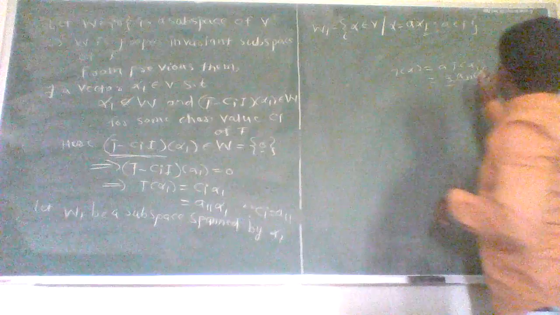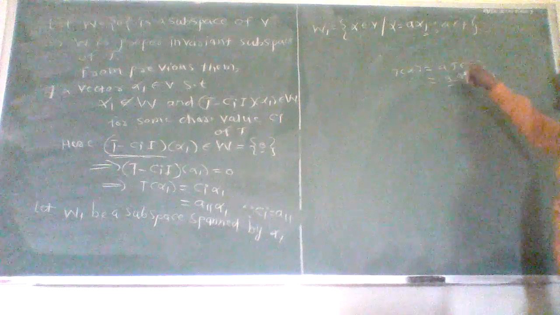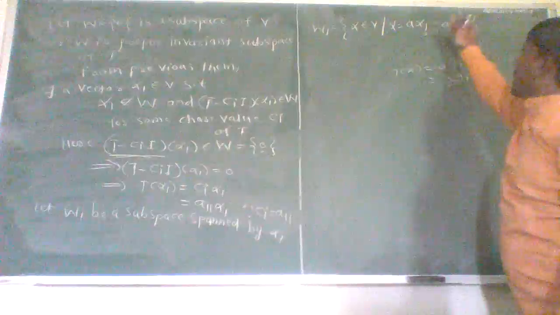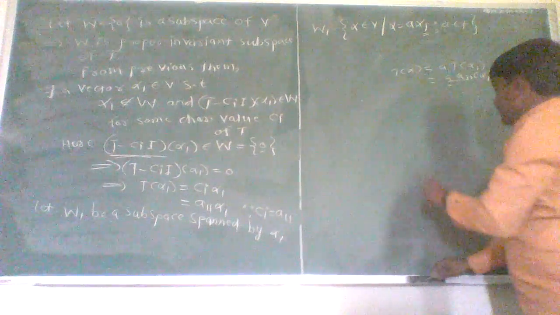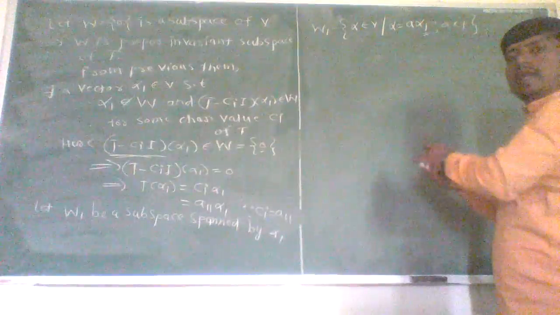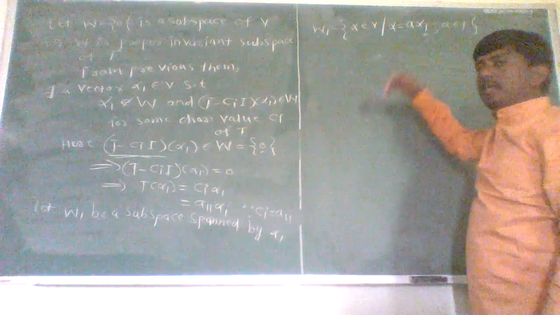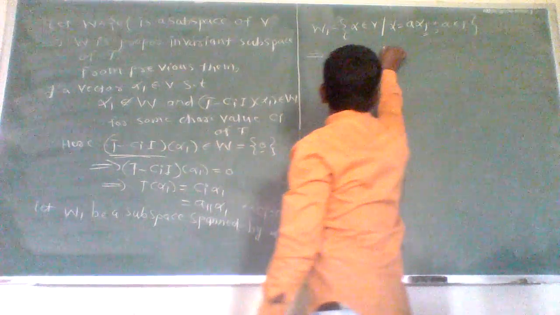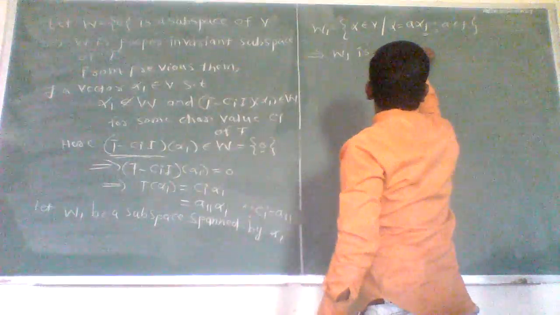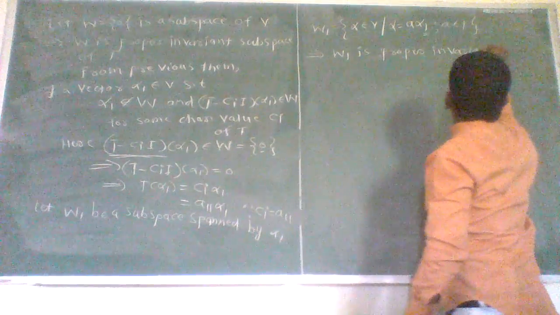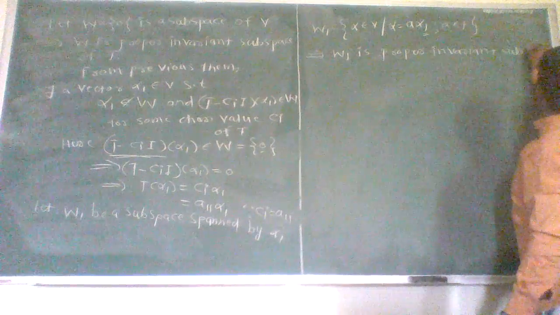But this is a scalar into alpha 1, and W1 is spanned by alpha 1. Therefore this vector again belongs to W1. Therefore, by the definition of an invariant subspace, W1 is an invariant subspace, and already it is a proper subspace, which implies W1 is a proper invariant subspace of T.